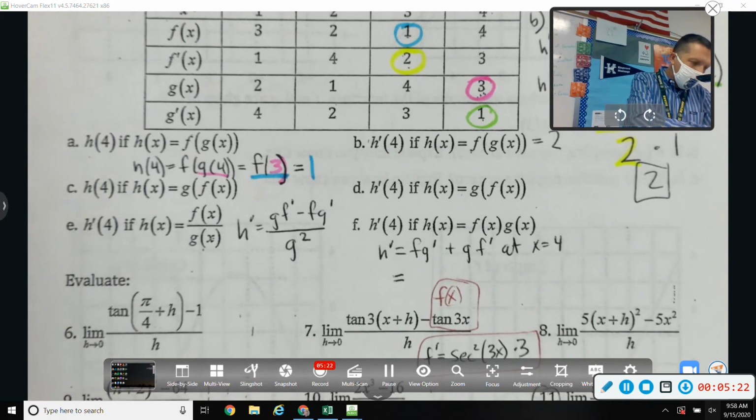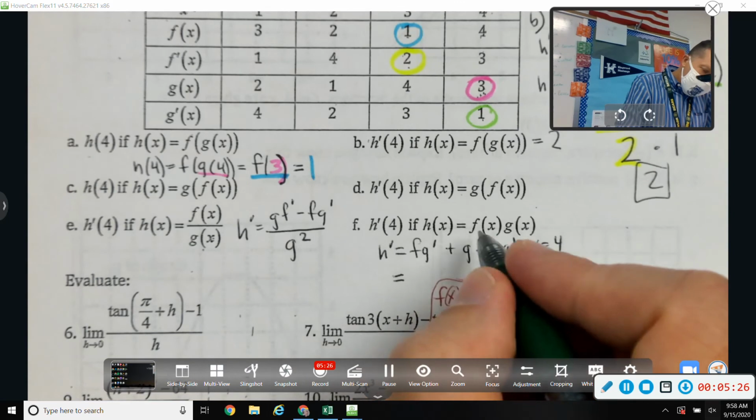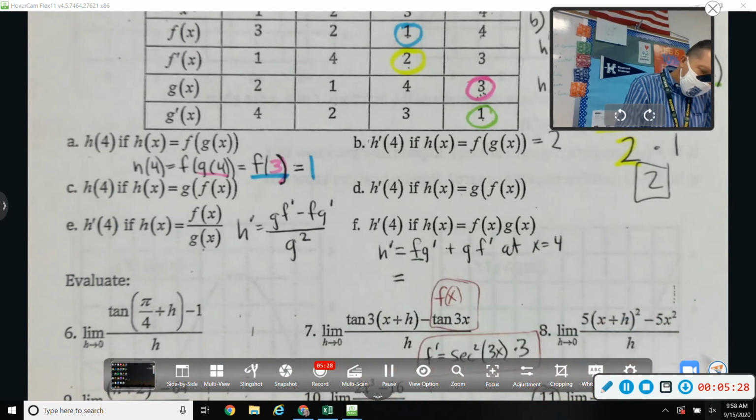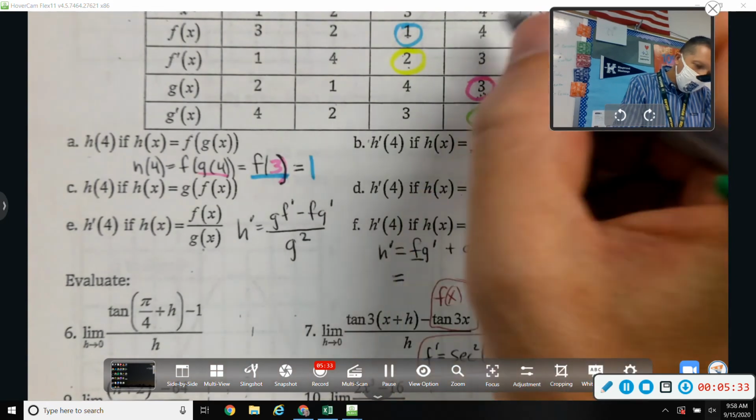So f of 4, again, I'm out of colors here. F at 4 is 4.